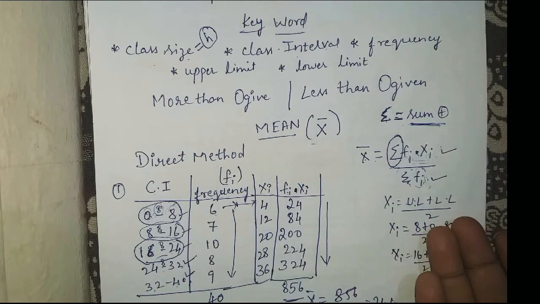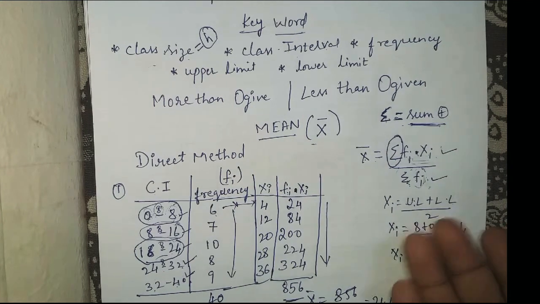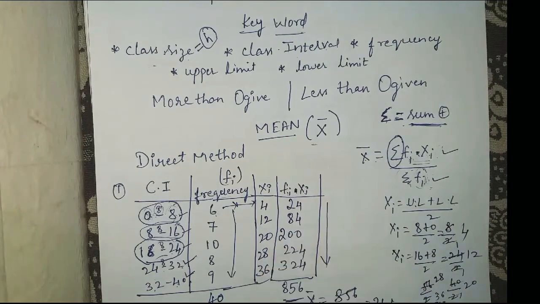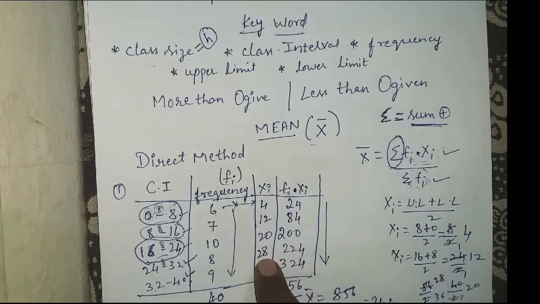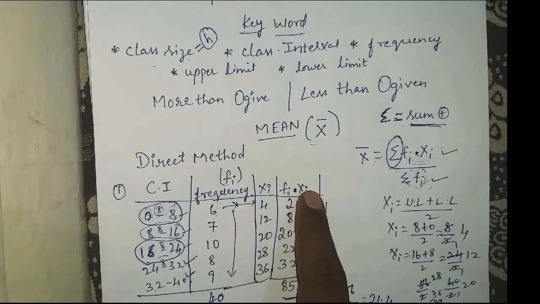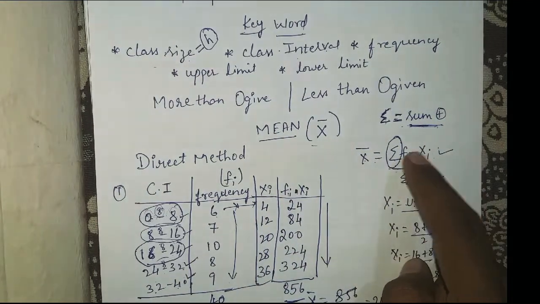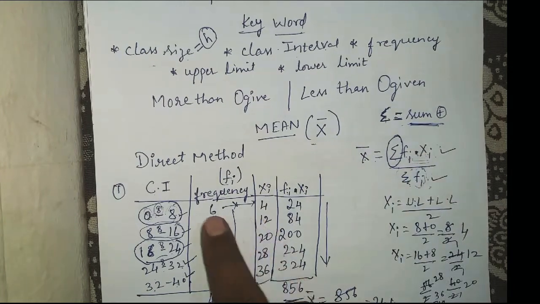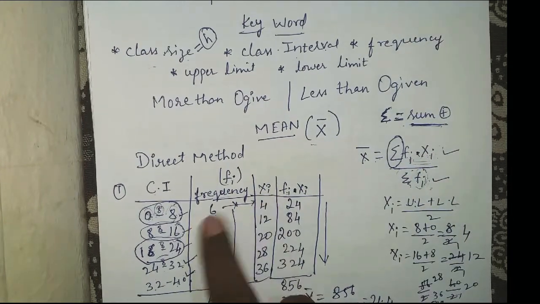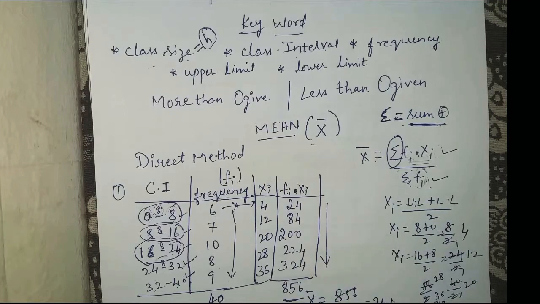Using this formula we calculate the xi column. After that, you multiply f into x, because the formula needs f into x values.